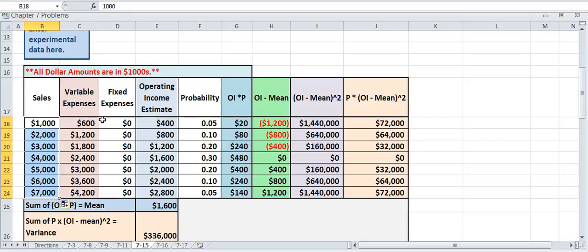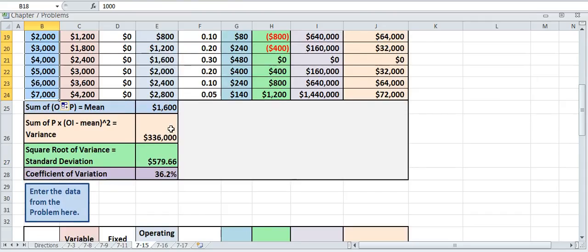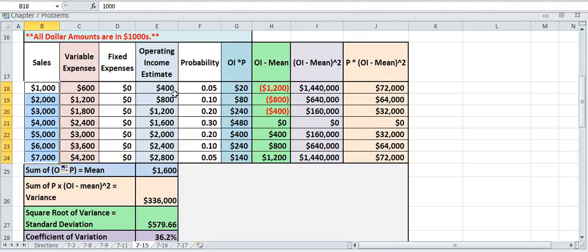Now, why don't variable expenses as a percentage of sales affect your business risk? Because of the same ratios. 400 is half of 800. 1,000 is half of 2,000, 400 is half of 800, 1,000 is a third of 3,000.